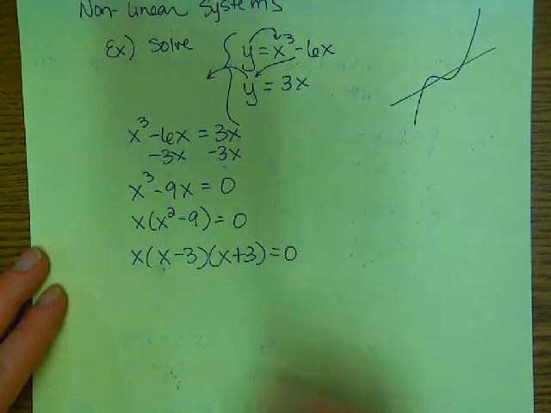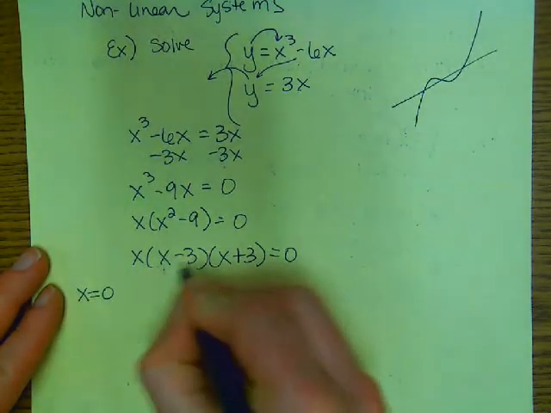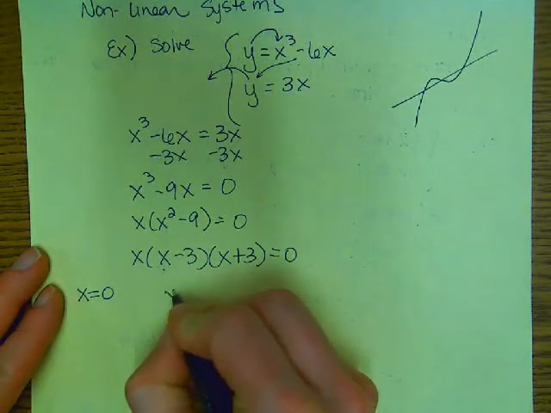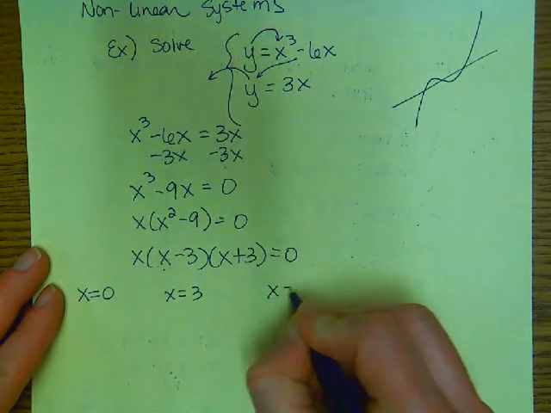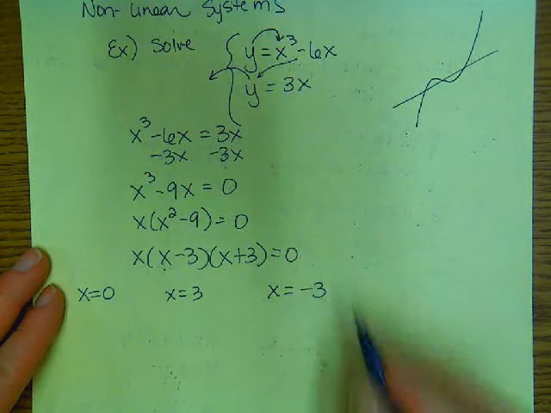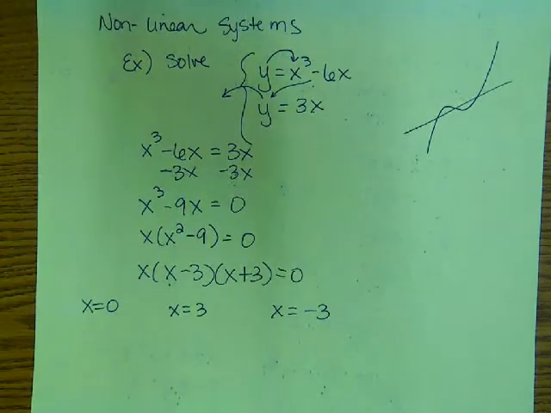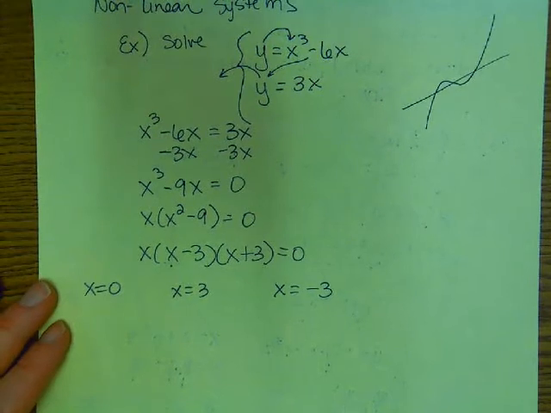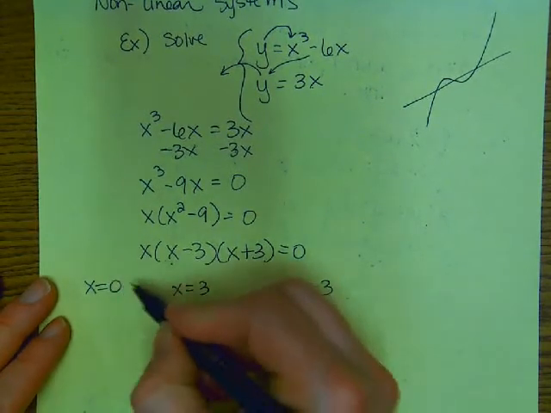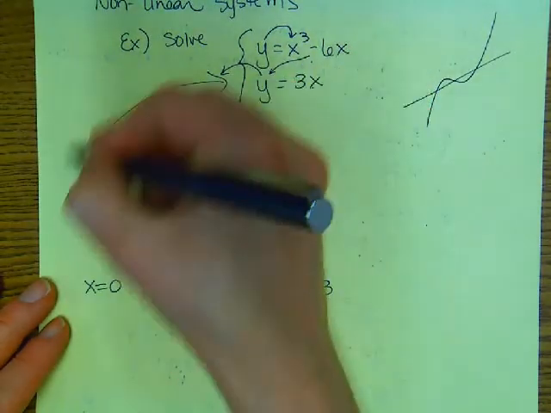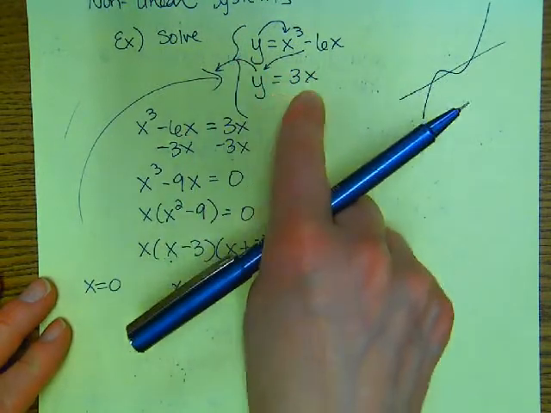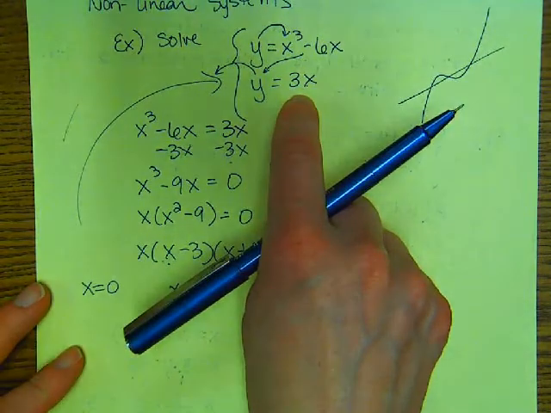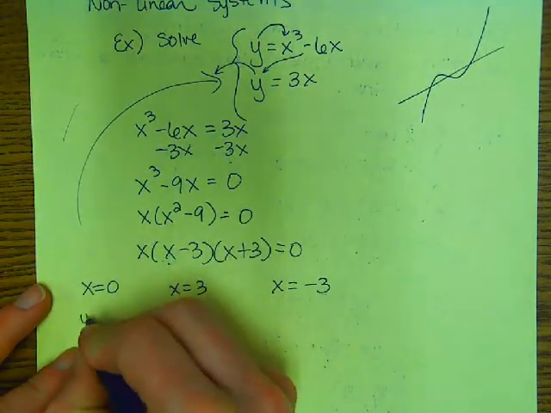So the x values would be x equals 0, x equals 3, x equals negative 3. But remember, solutions come in ordered pairs, so I have to find their y value as well. I'm going to go up here to the second. It does not matter. It should work in both equations. I'm picking the second equation simply because it's easier to work with.